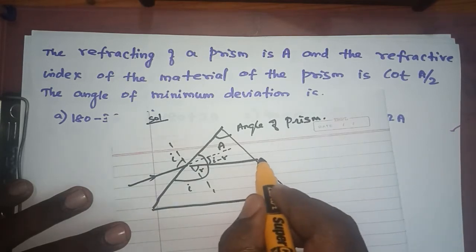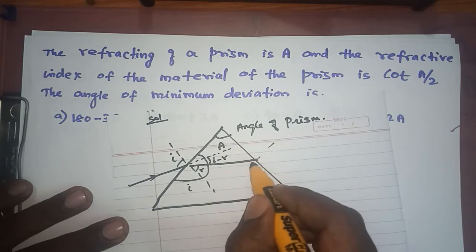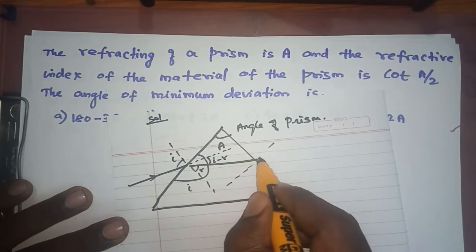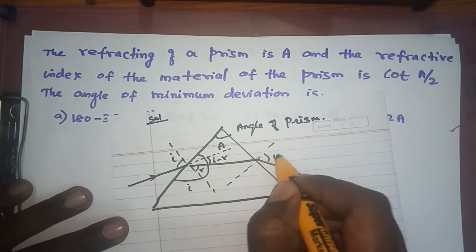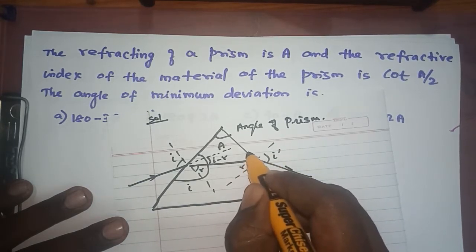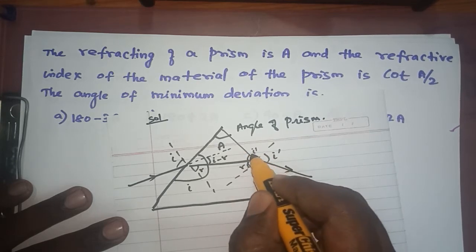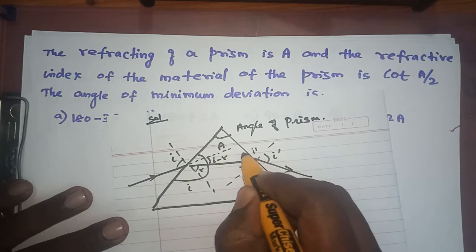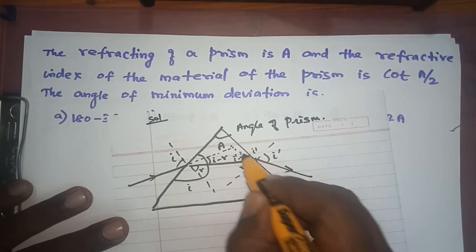And here I am drawing one more normal. This is the emergent ray, and this is your I prime, this is your R prime. If you take the whole surface, this whole complete area is your I prime, and the ray which joins here gives I prime minus R prime.